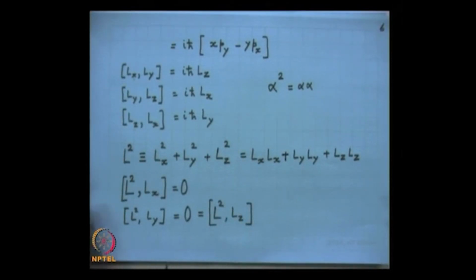So, although Lx, Ly and Lz do not commute with each other, each one of them commutes with L square.